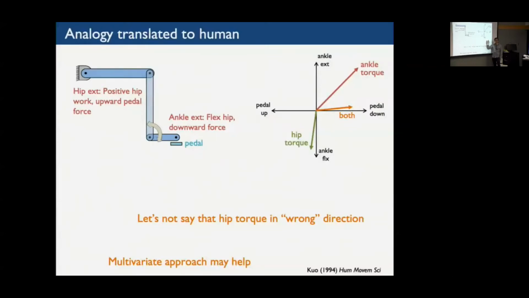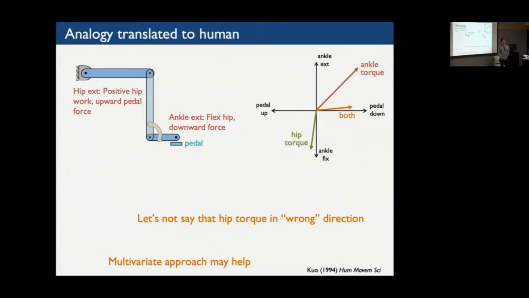But the control problem for most people is, given muscles, what should you do now and over time? And the design problem, if you are designing new beings, is how should you arrange these muscles? I think in these terms all the time. So in that sense, I'm a believer in induced acceleration analysis. I just don't like making interpretations like, oh, the hip torque is going in the wrong direction. I don't find that helpful.